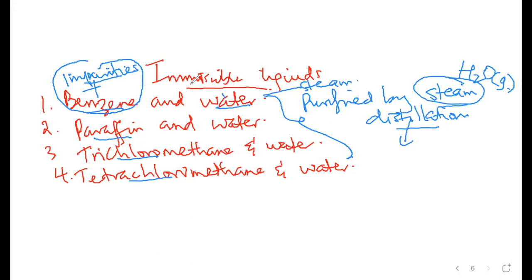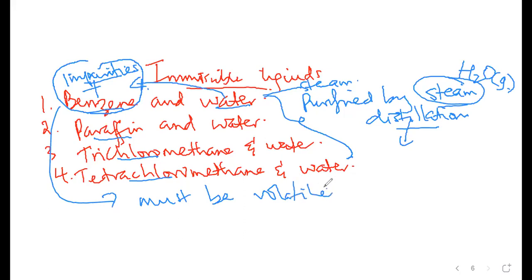The steam is bubbled through the liquid mixture containing the other liquid impurities and benzene. But that substance we are separating from the other impurities must be volatile. It must be what? Volatile.